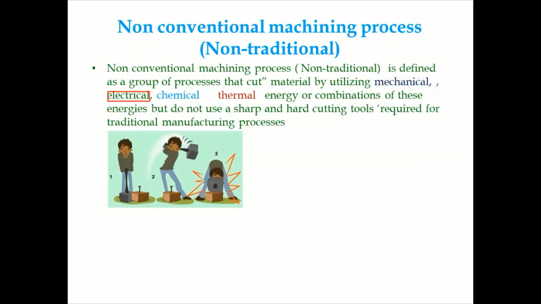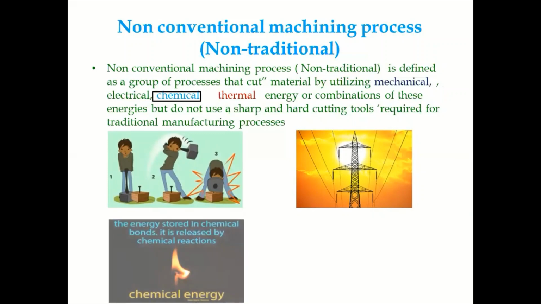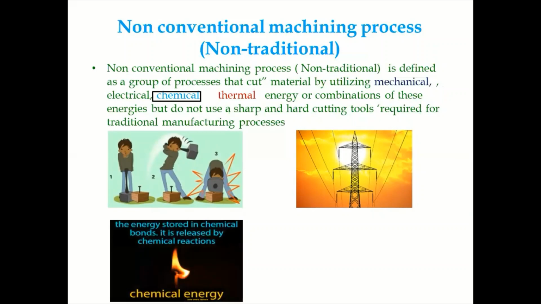If you use the electrical energy, in that case, a spark takes place between the two electrical contacts, and a small amount of material is removed from the workpiece. As far as the chemical energy is concerned, a chemical reaction takes place between the electrolytes, which results in removal of the material from the workpiece.